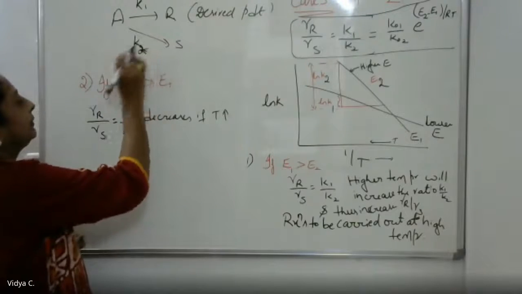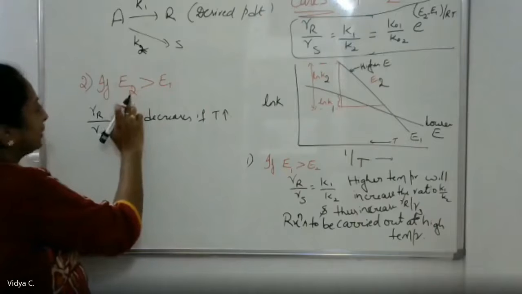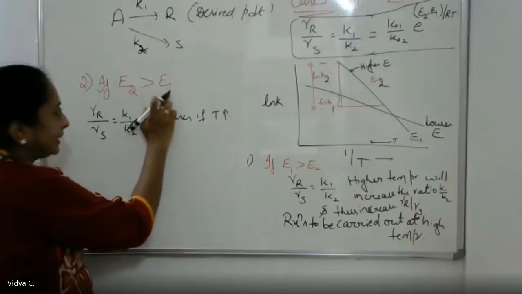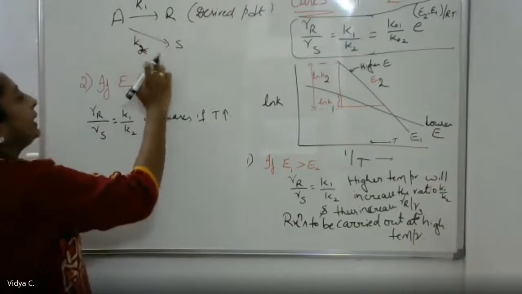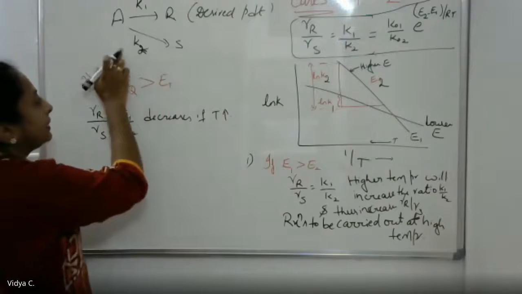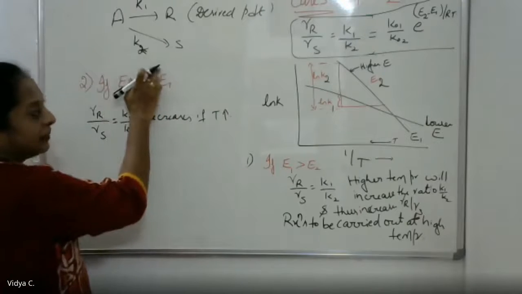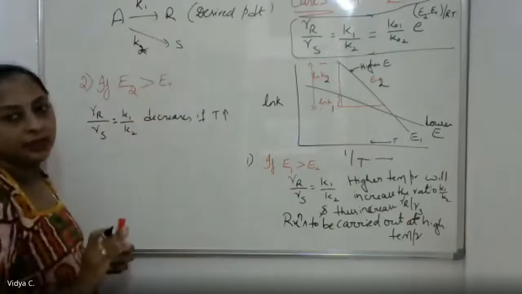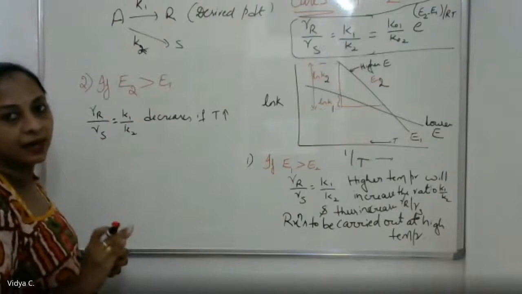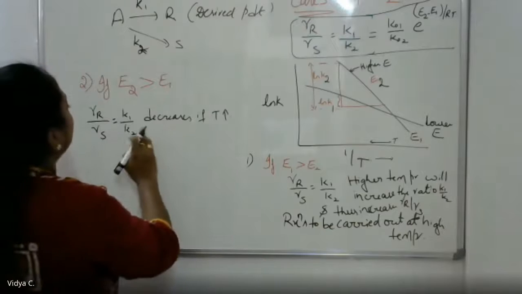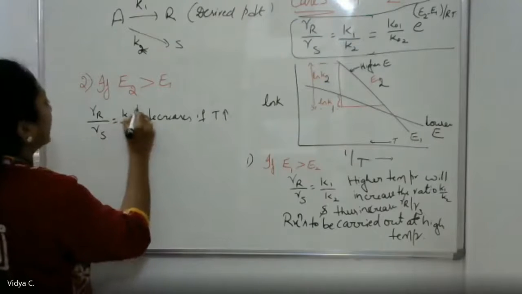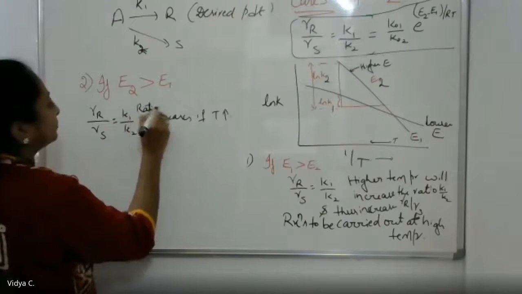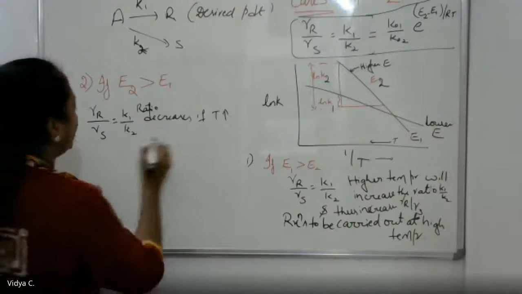If the activation energy of the second reaction is greater than that of the first reaction and I increase the temperature, this path will be favored. If this path is favored, the desired path will be lesser. So the ratio decreases if T increases.